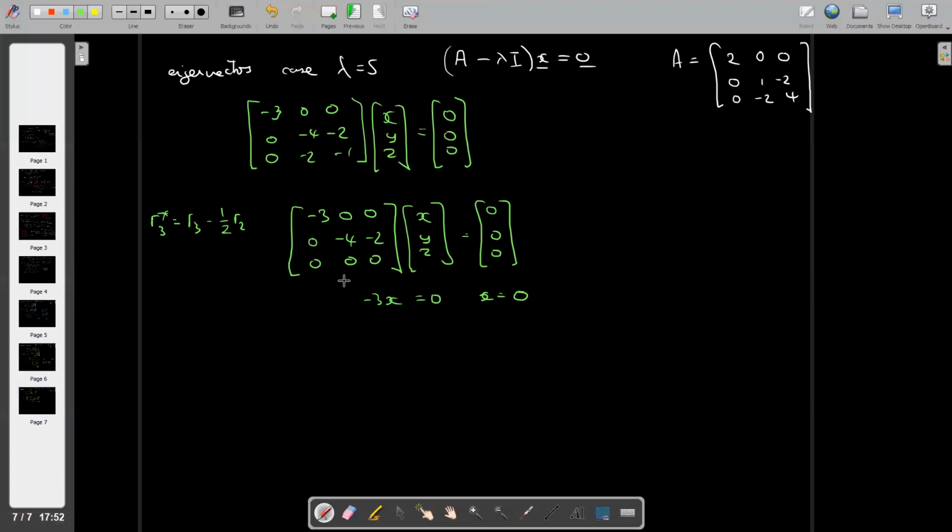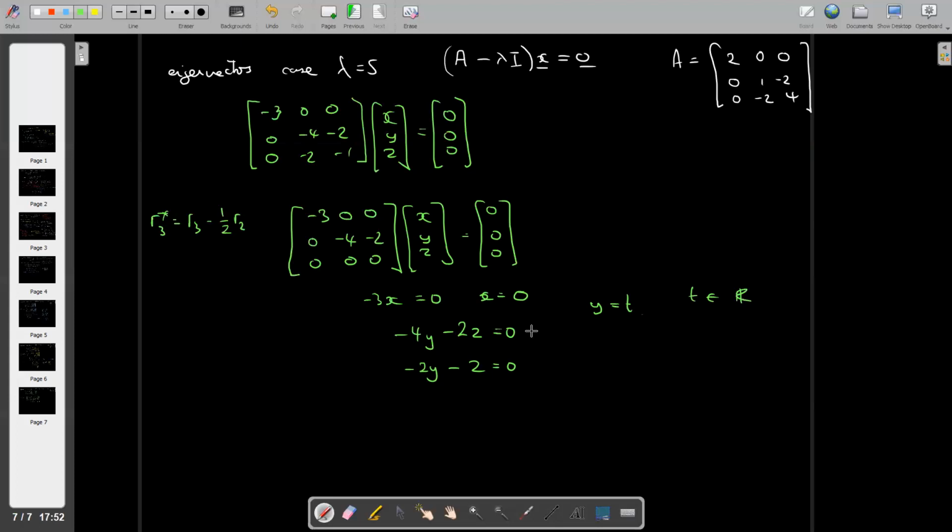We're going to have negative 4y take 2z is equal to 0. Well, I could cancel this down to negative 2y take z is equal to 0. And then I can assign a parameter. So maybe I could assign y is equal to some parameter t, where t is some real number.